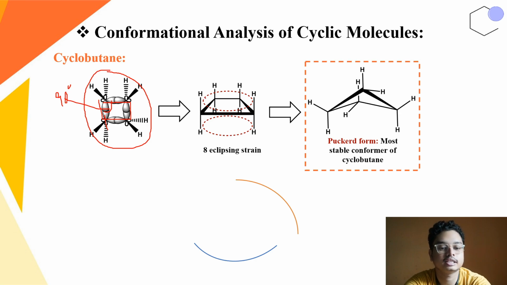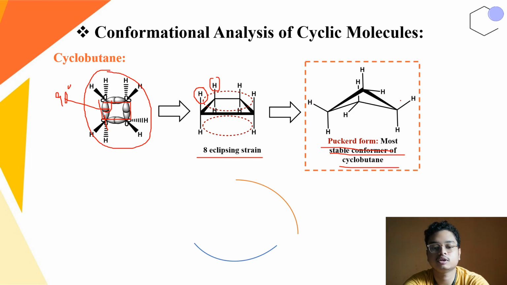This cyclobutane structure also faces eclipsing strain: all the hydrogens contain eclipsing strain, and a total of 8 pairs of eclipsing strain are present in the molecule. Due to this, cyclobutane is not present in the planar formation; it is present in the puckered formation.